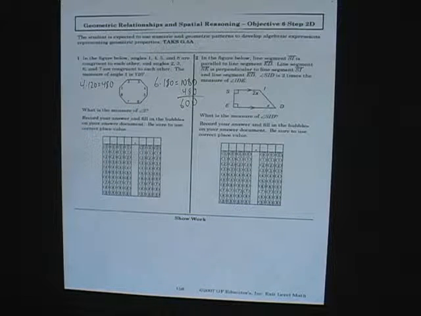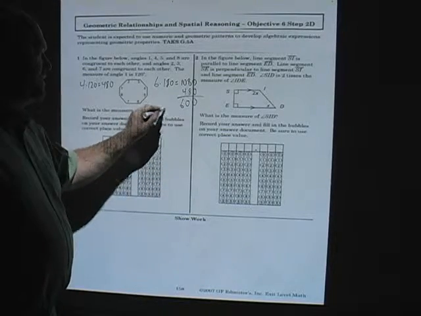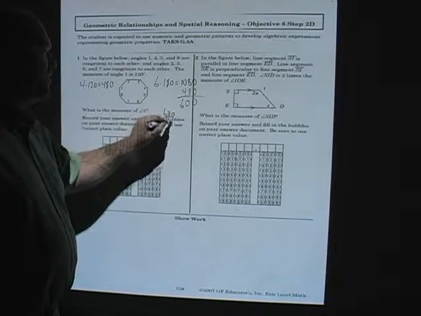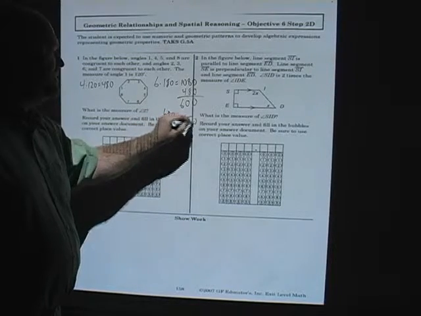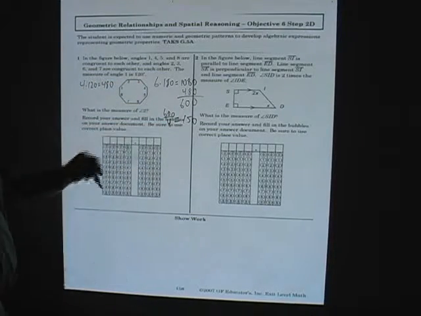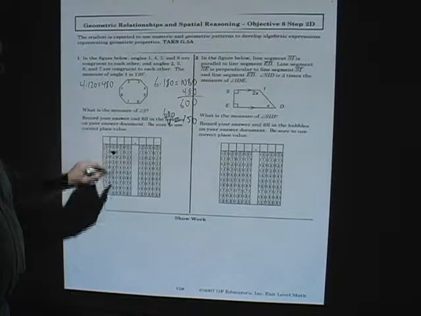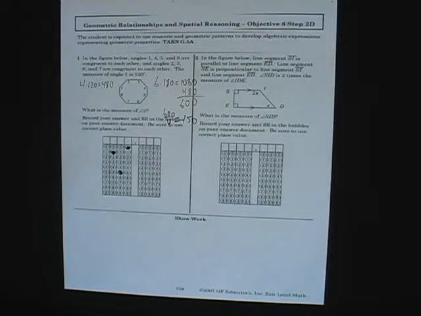And since we know 2, 3, 6, and 7 are congruent, then I can just divide by 4. 600 divided by 4 equals 150. Each one of those angles, 2, 3, 6, and 7, is going to be 150 degrees. So angle 2 is 150 degrees.